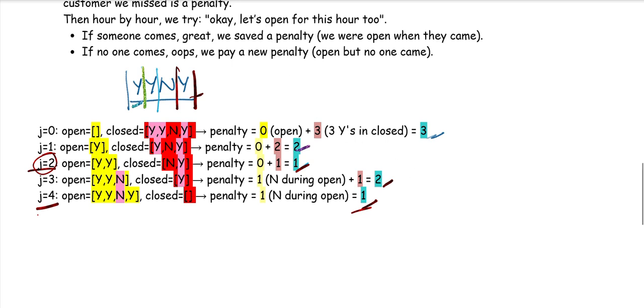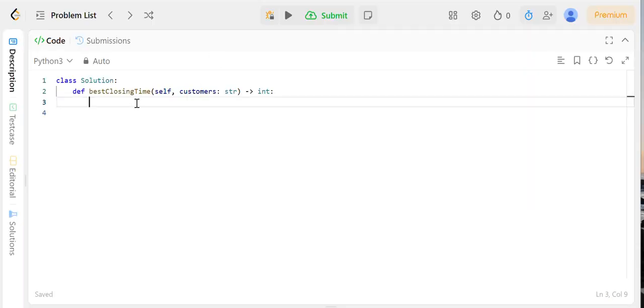Now let's try to code this. In the starting we will calculate all the penalty that we have, all the Y's we have. If we are closing at hour 0, it means that every customer that came is a penalty.